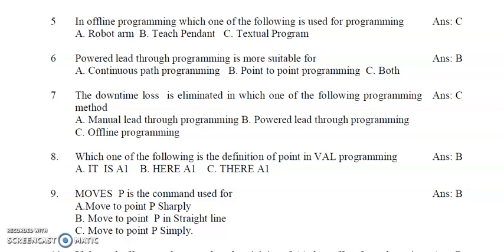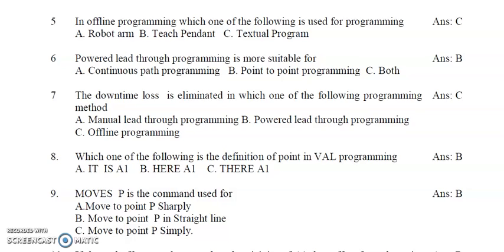Question 7. The downtime loss is eliminated in which one of the following programming methods? A. Manual lead through programming. B. Power lead through programming. C. Offline programming. Answer is C. The downtime loss means during the programming the robot is not operated. That happens only in manual lead through programming and in power lead through programming.